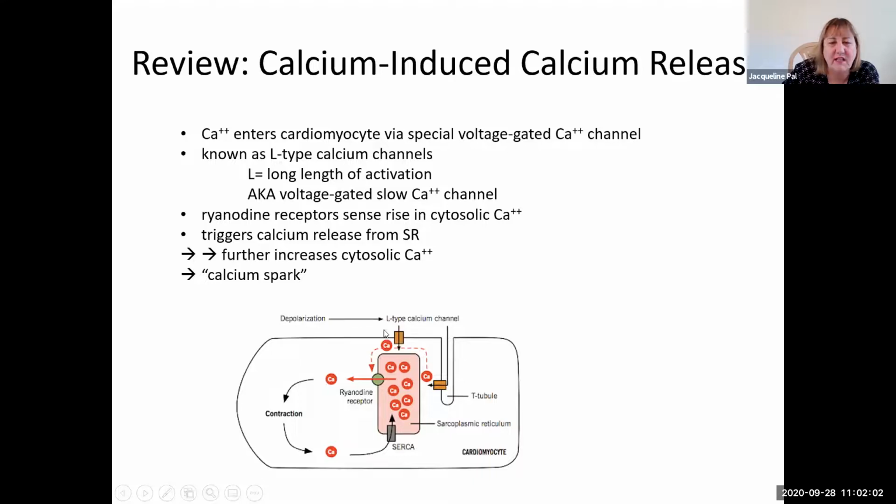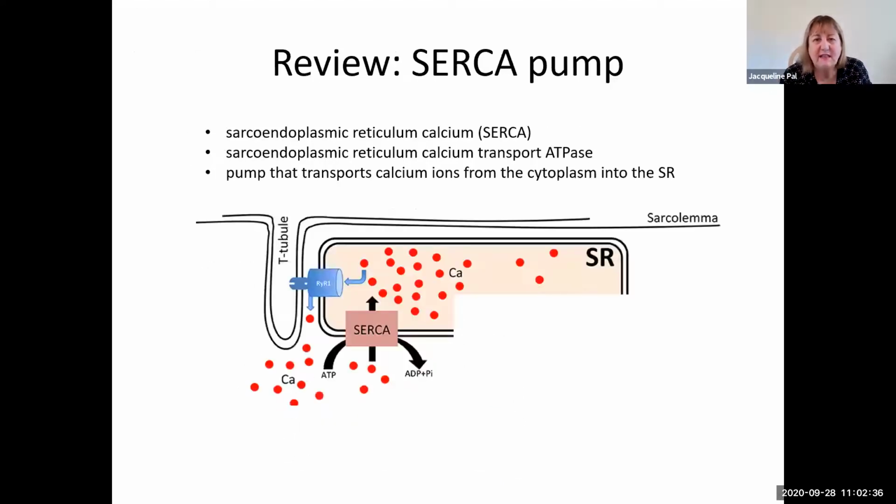When we have depolarization of the plasma membrane and calcium enters the cell through those slow or L-type calcium channels, that new calcium in the cell can travel by diffusion over to the ryanodine receptors on the sarcoplasmic reticulum, which then triggers calcium release from the sarcoplasmic reticulum, giving us a massive increase of local calcium, which is known as a calcium spark. And it's this calcium spark that's going to trigger contraction, as we will see shortly.